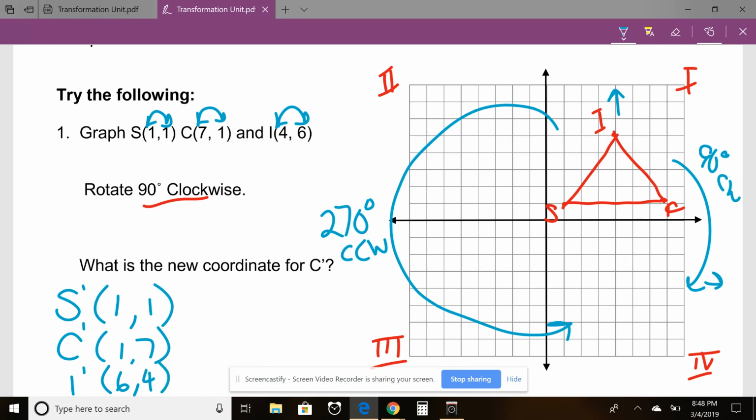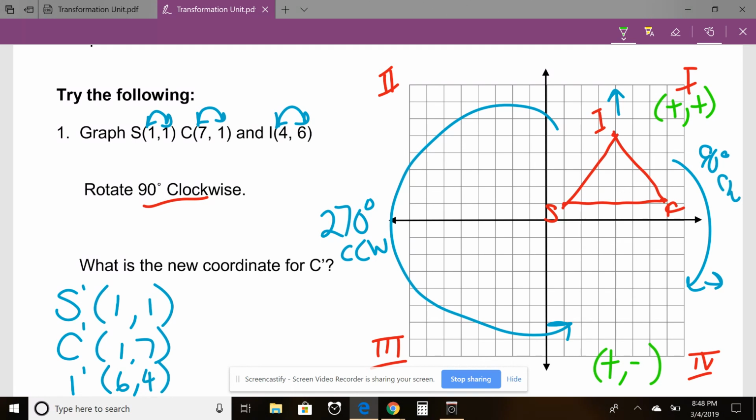Now, these coordinates are still in the first quadrant because they're both positive. Remember, our sign scheme in the first quadrant is the X value is positive and the Y value is positive. We want it to be in the fourth quadrant. So that means my Y values have to be negative.